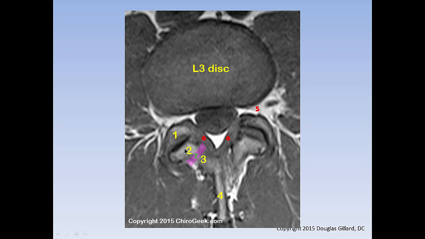That's the inferior articular process of the L3 level, the same level, right? How about 1 and 2 together makes up the L3/4 facet joint. So L4 superior articular facet, L3 inferior articular facet, L3/4 facet joint or zygapophyseal joint or Z joint.